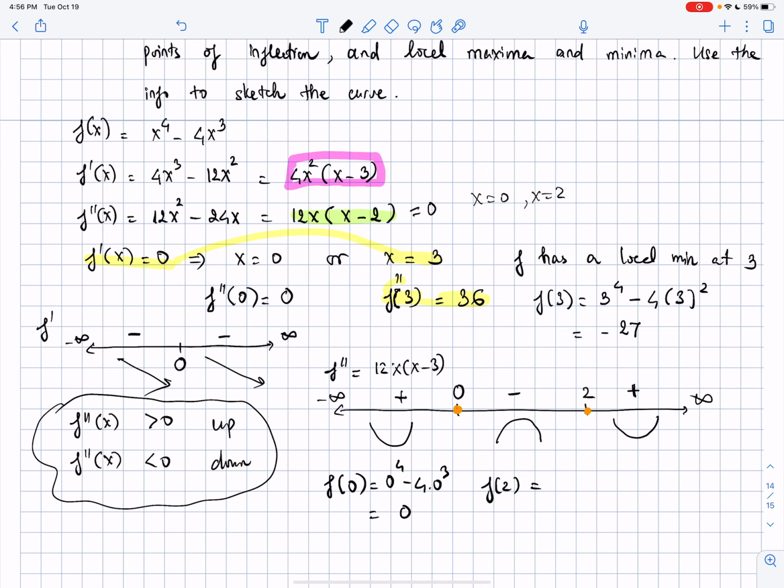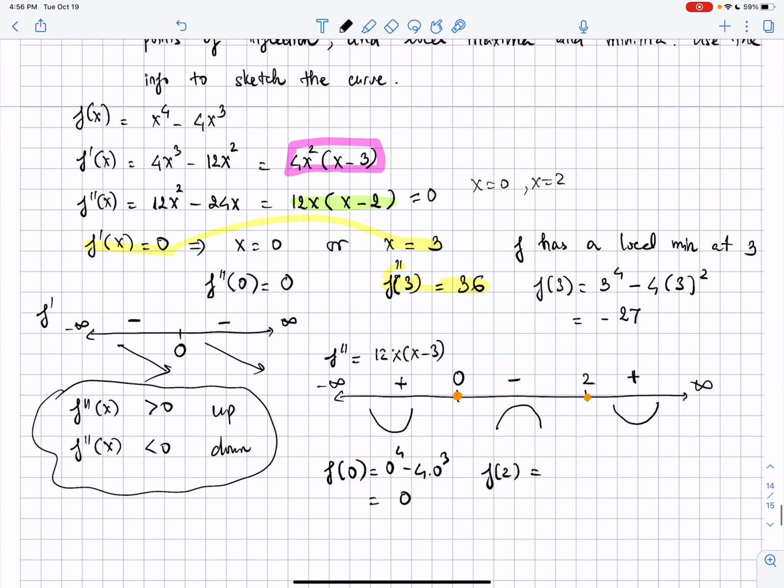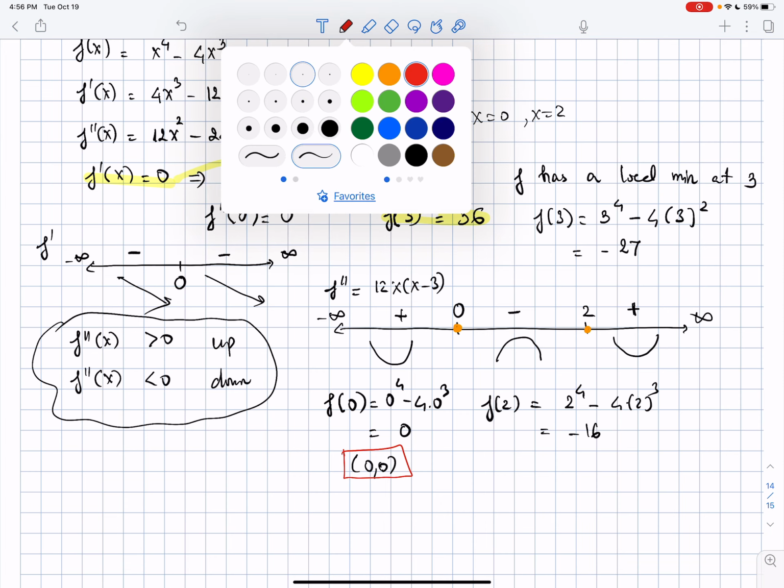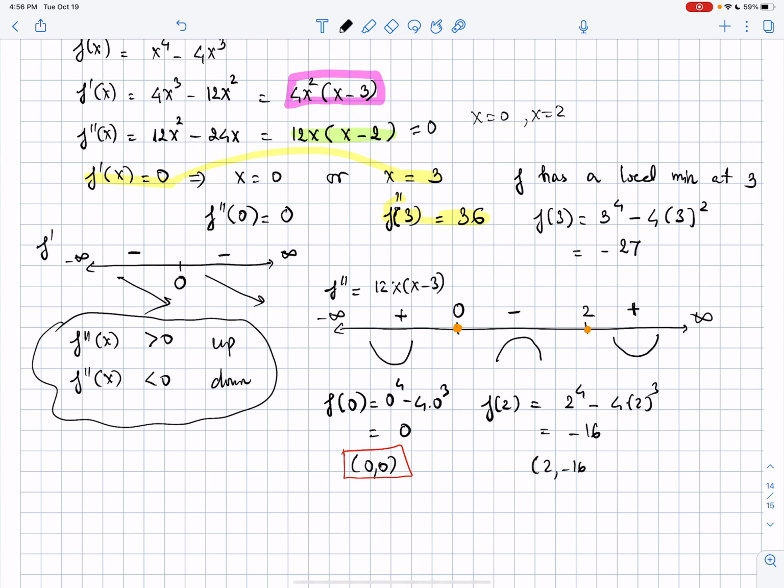Then we got 0, which is the point 0, 0. And f of 2 is 2 to the 4th minus 4 times 2 cubed, and we will get negative 16. So we have 3 points for this graph: 2, comma, negative 16, and 3, comma, negative 27.